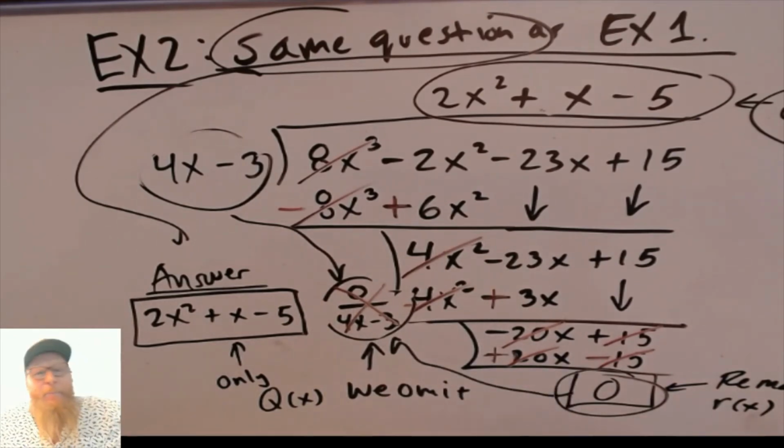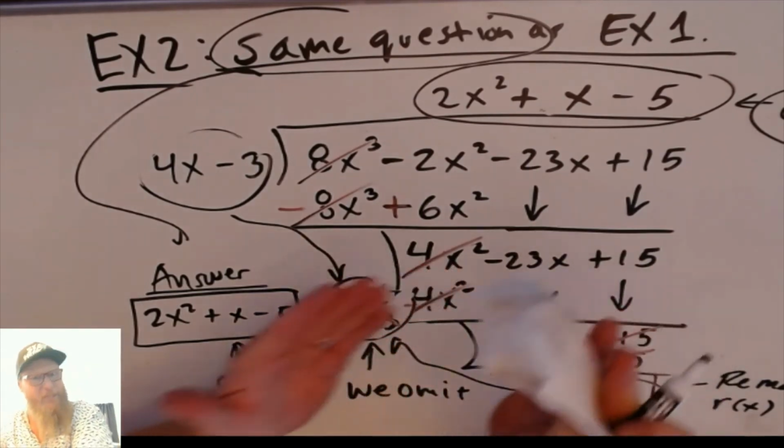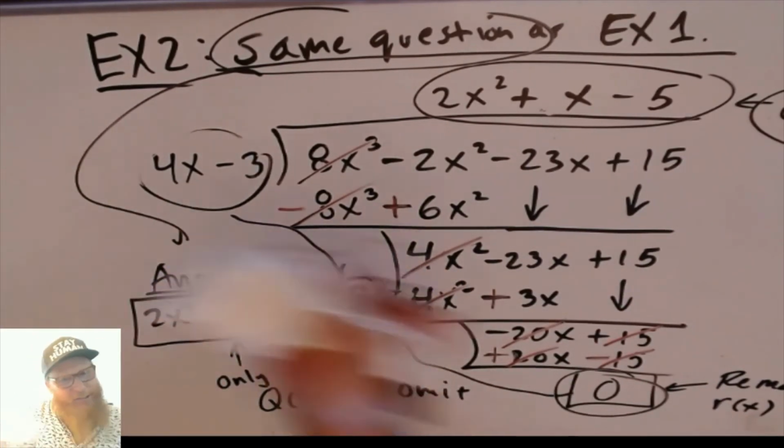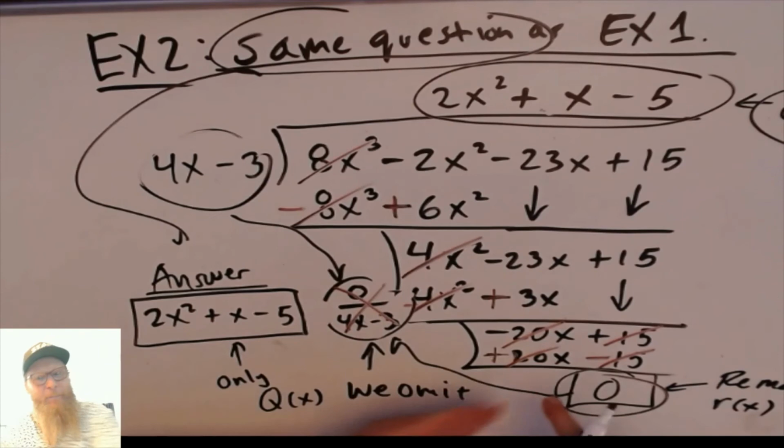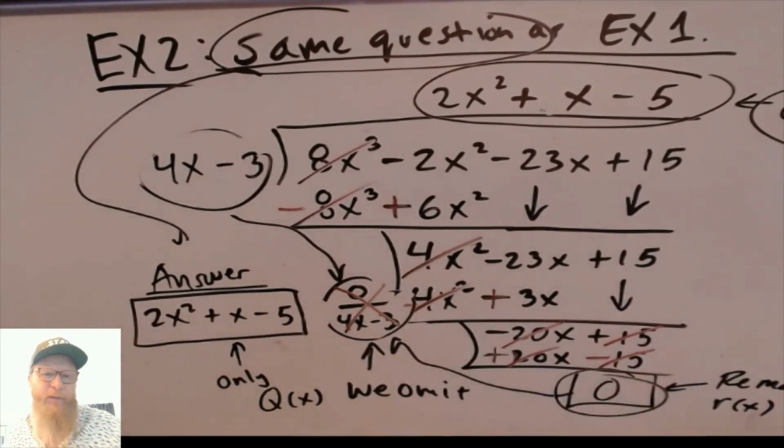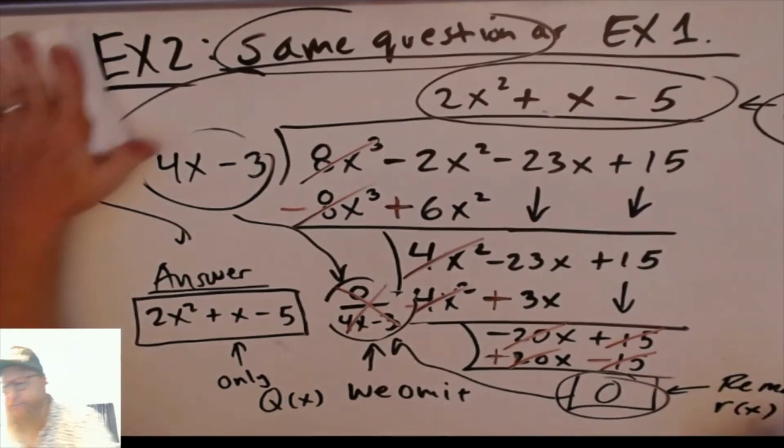You don't say 4 plus remainder 0 divided by 6. I mean, you don't do any of that, although that stuff is still true. You just typically don't do that. If a number is divisible by another number, then we just say what it is, and we don't bother. It's as if the remainders never existed, if everything came out perfect. Well, the odds of that happening turn out to be very low.